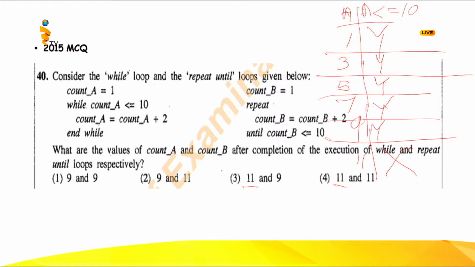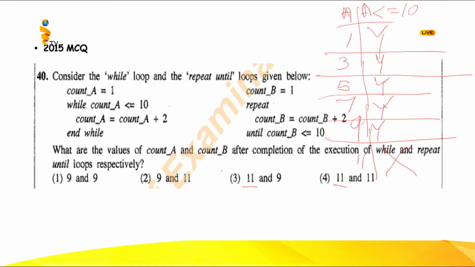So it is asking us to repeat this until count B is less than or equal to 10. So when we check the condition, count B is less than or equal to 10. Count B is 1.